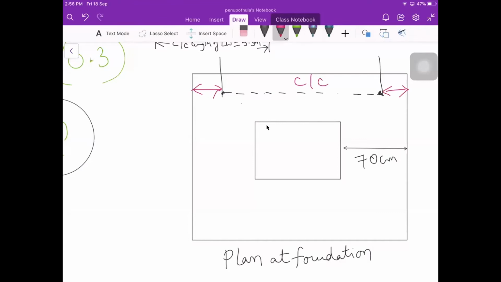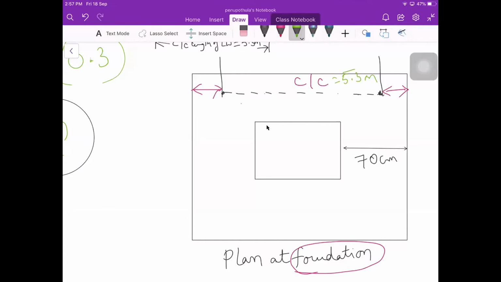At the corresponding level, here it is foundation level. The center to center line length of the long wall is common for everything, which we have taken as 5.3 meters.